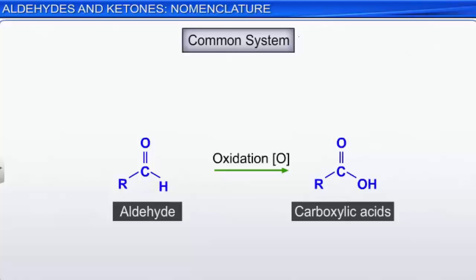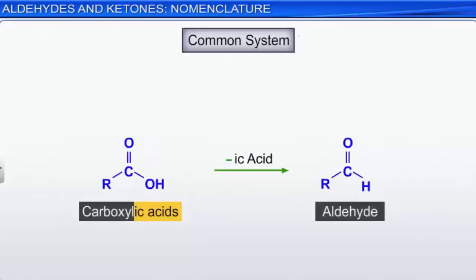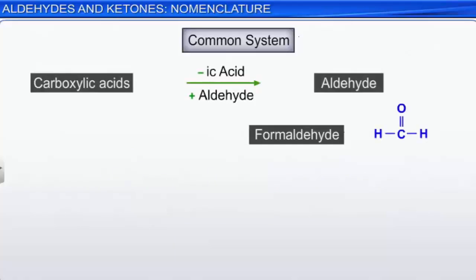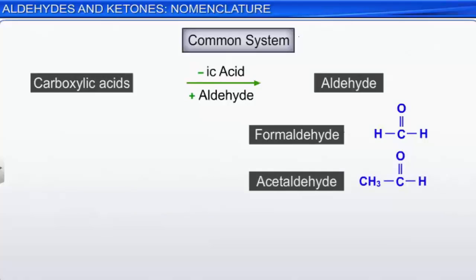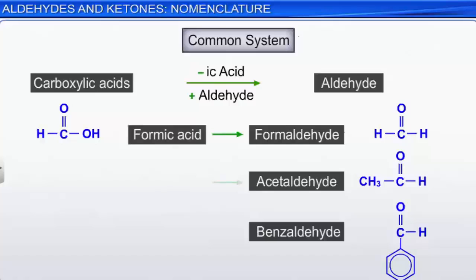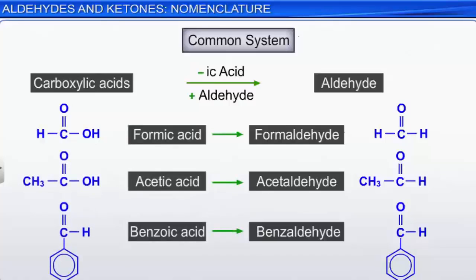They are named by replacing the -ic acid of the carboxylic acid by aldehyde. Thus, the aldehydes formaldehyde, acetaldehyde, and benzaldehyde are named after formic acid, acetic acid, and benzoic acid respectively. As you can see, they are named by replacing the suffix -ic acid with aldehyde.